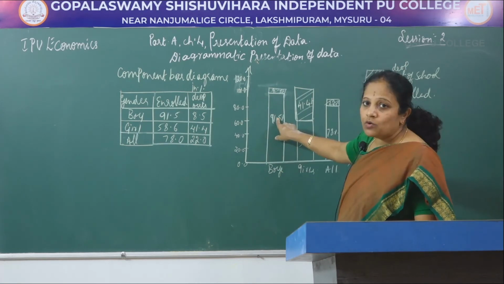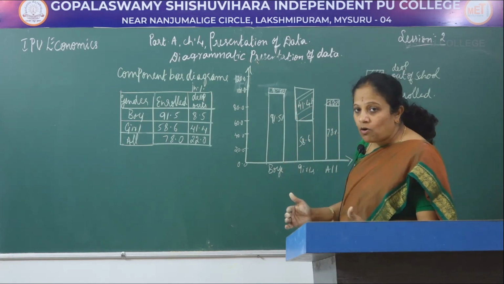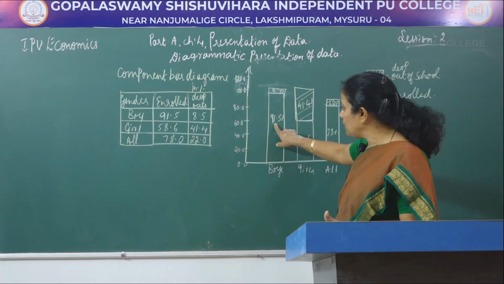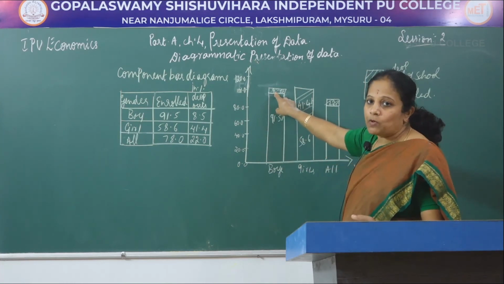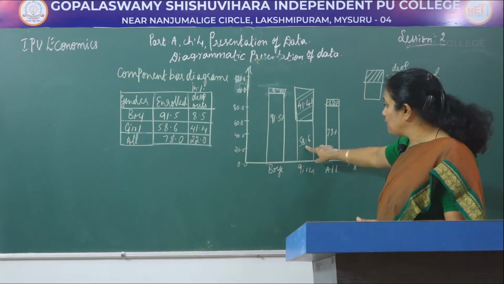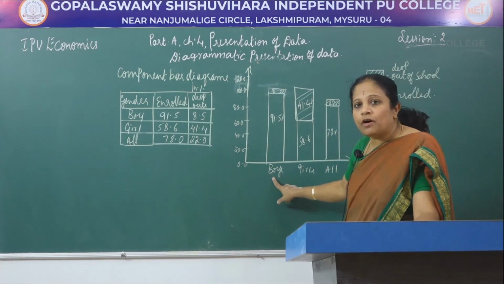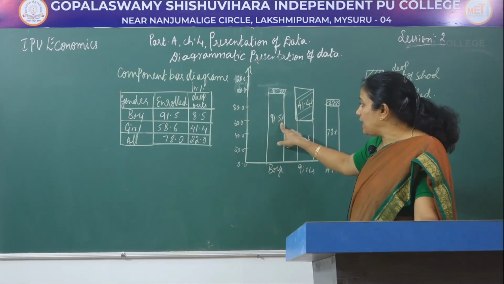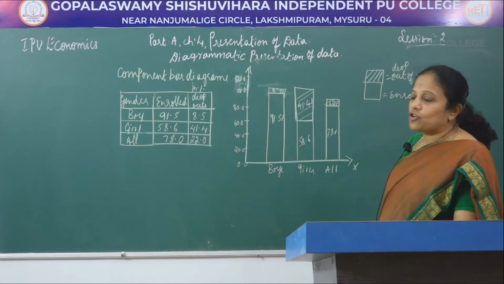So the number of boys who have enrolled in a school is 91.5%, and among that 8.5 are dropouts. Among the girls who have enrolled, 58.6 are enrolled and the rest 41.4 are dropouts.